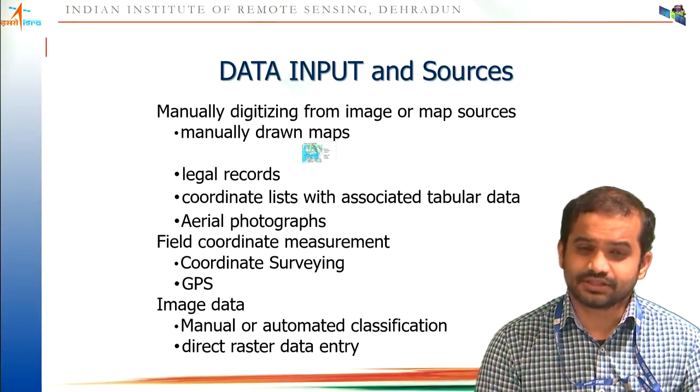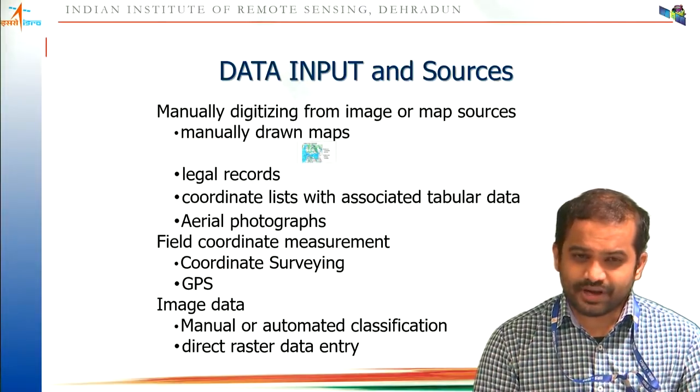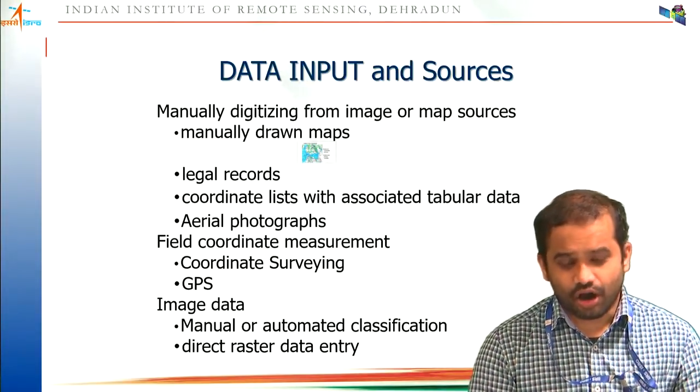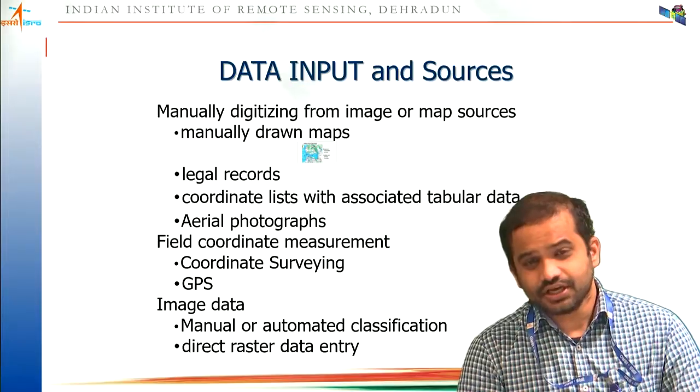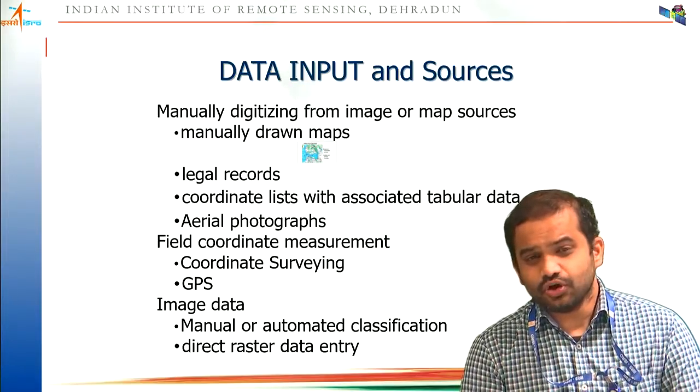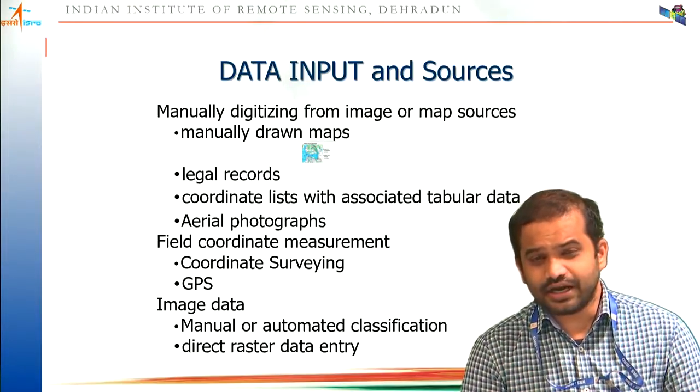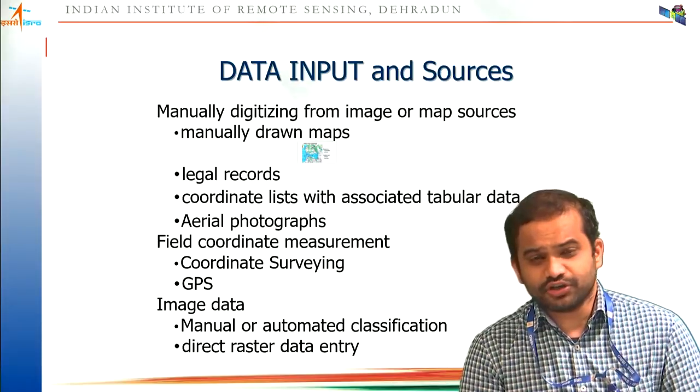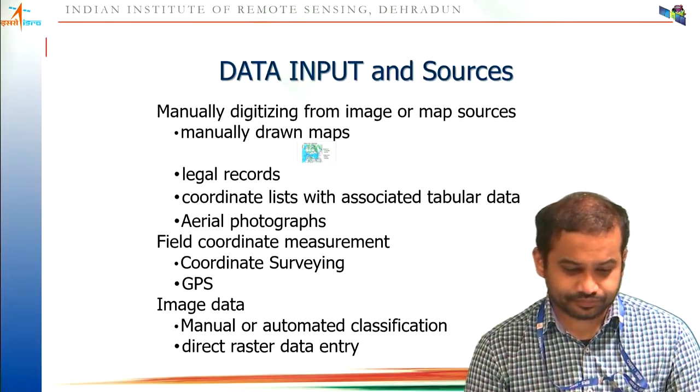Similarly, GPS is one common example, global positioning system, or in general you can say GNSS. They provide you coordinates, and you use those coordinates as an input for your GIS, right.